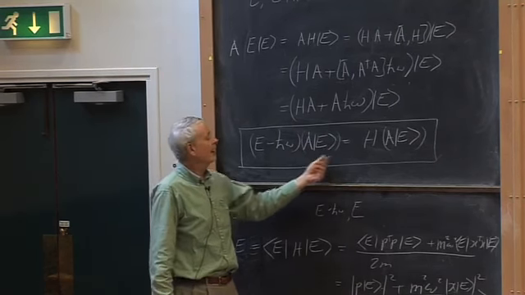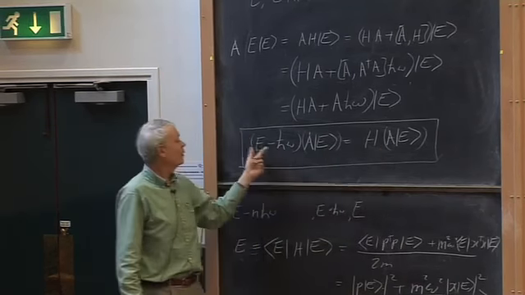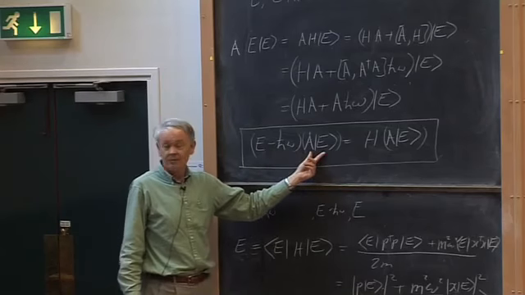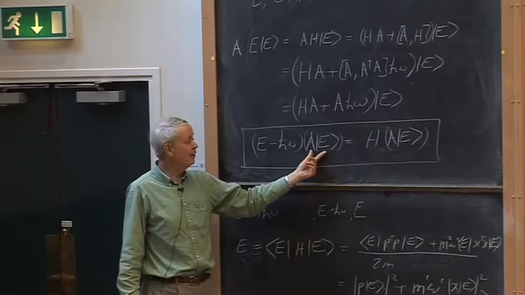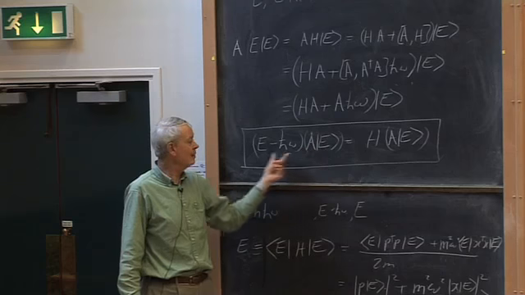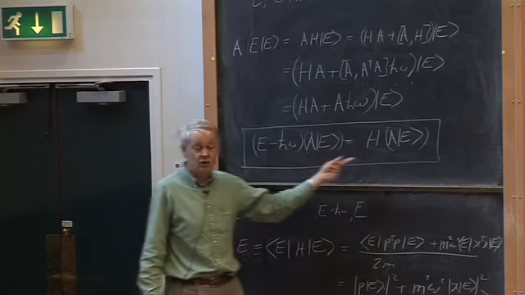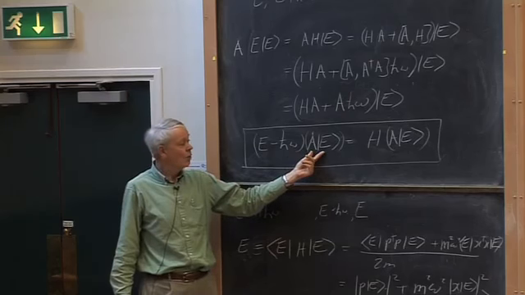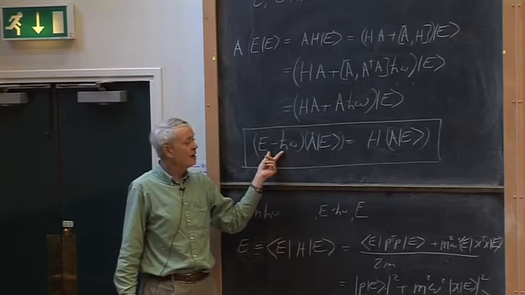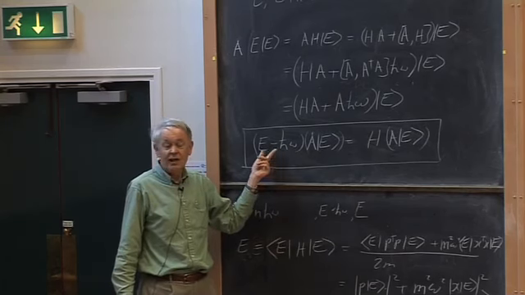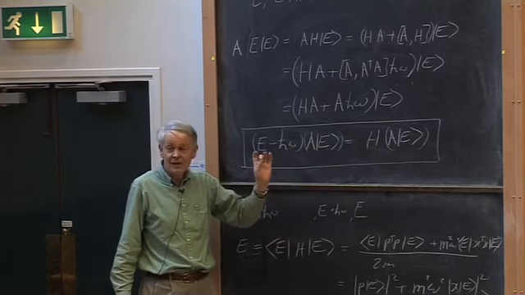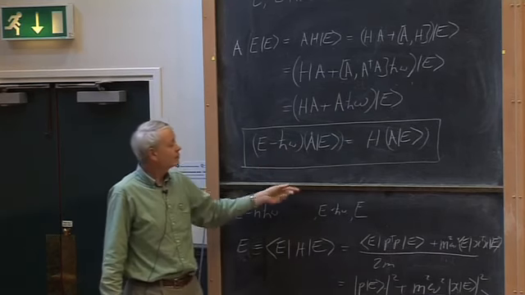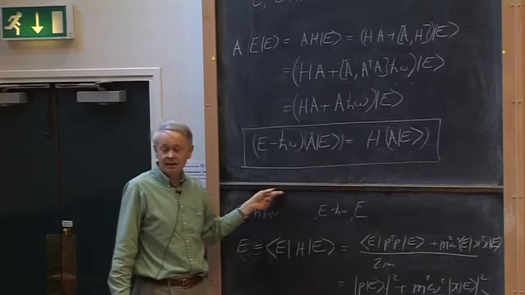Then, because H on 0 is equal to any number you like on 0, if this is 0, this equation does not establish that this is an eigenvalue of H. But that's the only circumstance in which this equation would not establish that this was an eigenvalue of H. So for the lowest energy, the ground state energy, it has to be that A kills it.